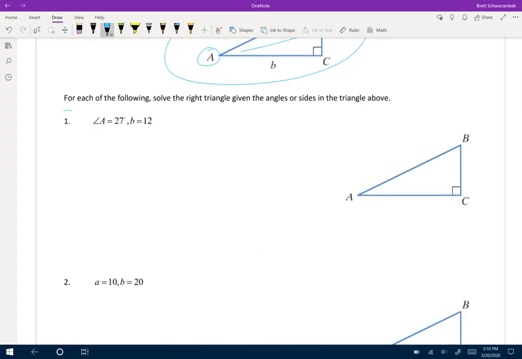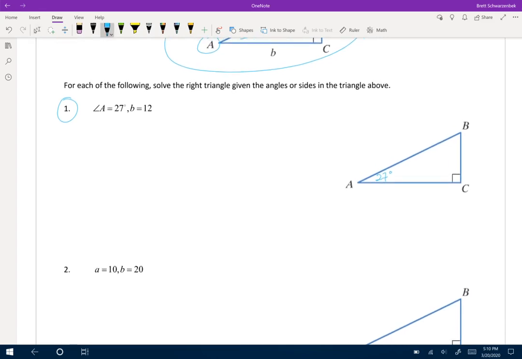For example, if we look at number 1 here, it says the angle A is 27 degrees, and side B is 12. Well, if angle B is here, then side B has to be opposite it. So you'll see that we have two missing pieces, including, of course, the right angle. We should be able to find what the missing pieces are going to be.